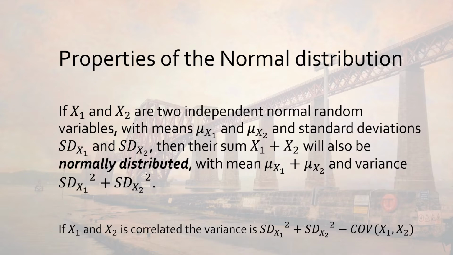If these variables are correlated, the variance is corrected by the covariance, but more about dependent variables later.